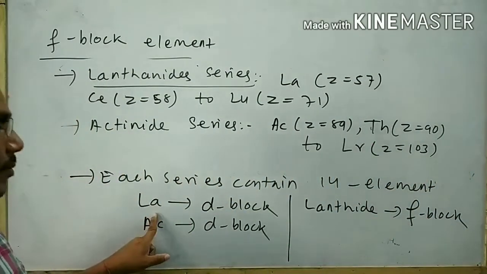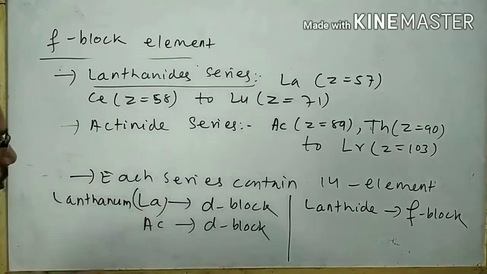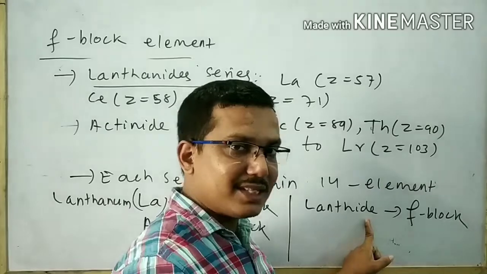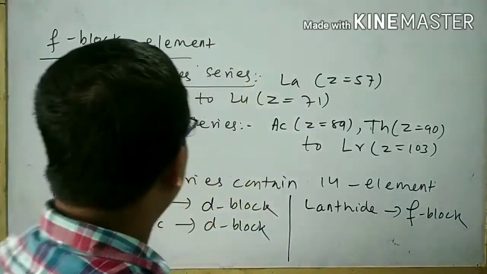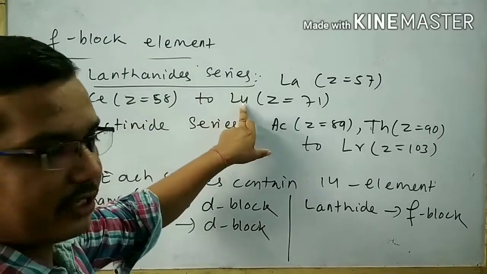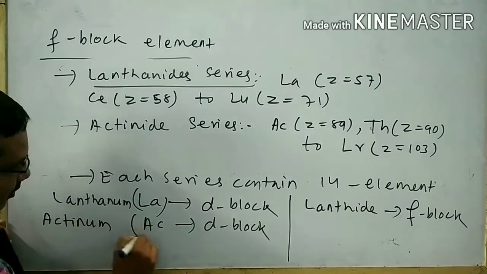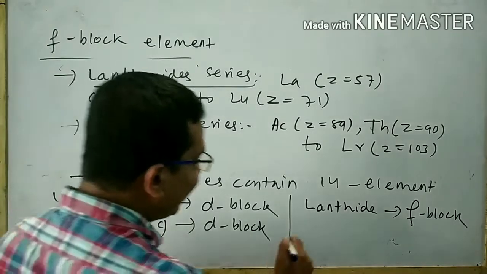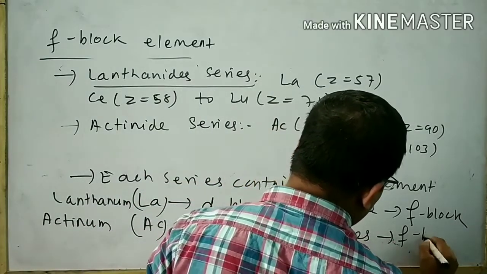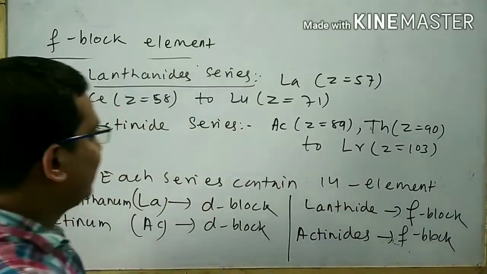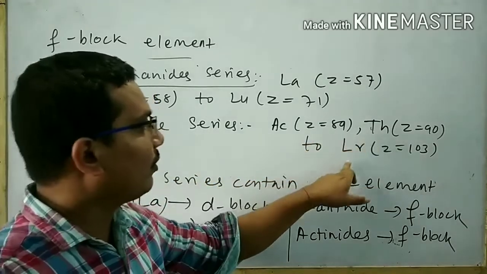Remember, lanthanum belongs to D block, but lanthanide series means it is included in the F block elements. That means you think about cerium to lutetium. Similarly, actinium belongs to D block, but actinides belong to F block. Actinide series actually starts from thorium to lawrencium.